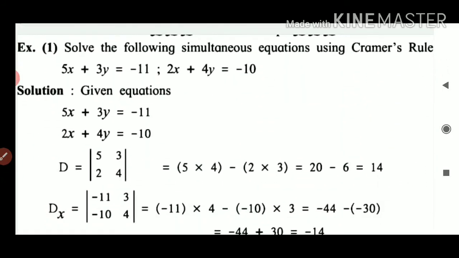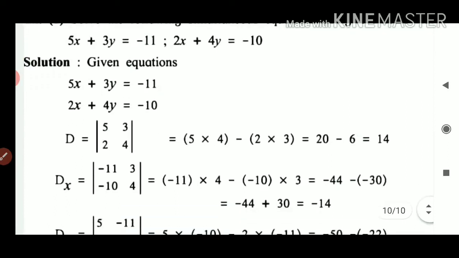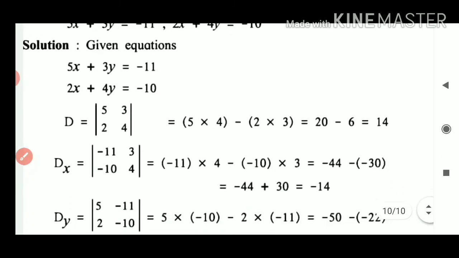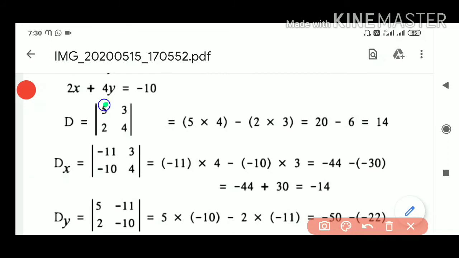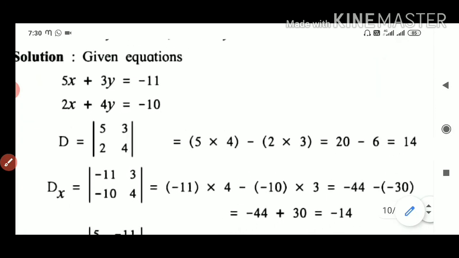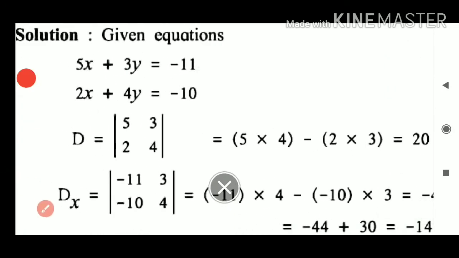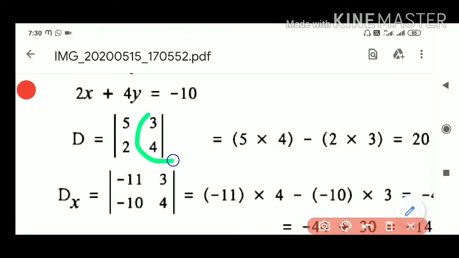Now the determinant D: first column is the coefficients of variable x, 5 2, and second column is coefficients of variable y, 3 4.